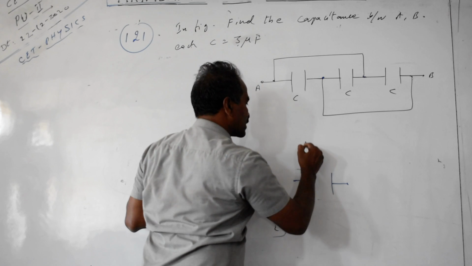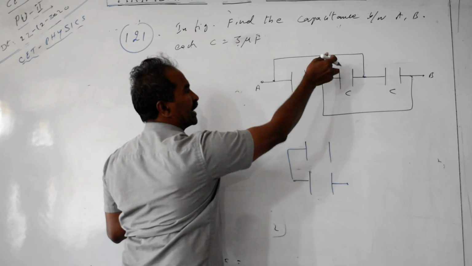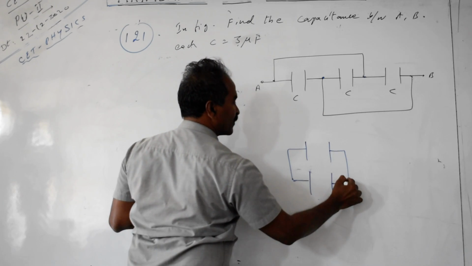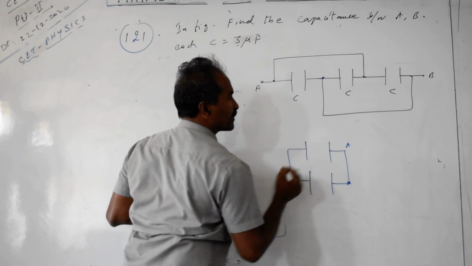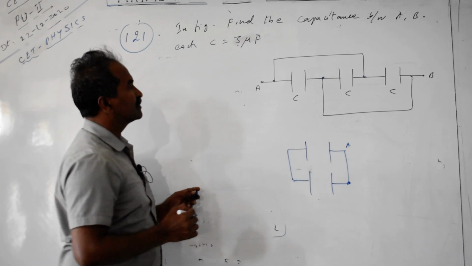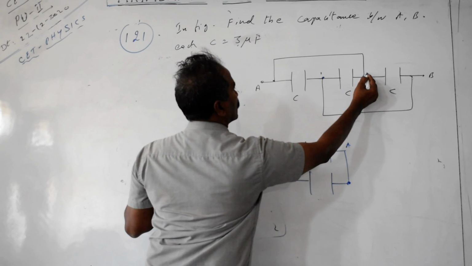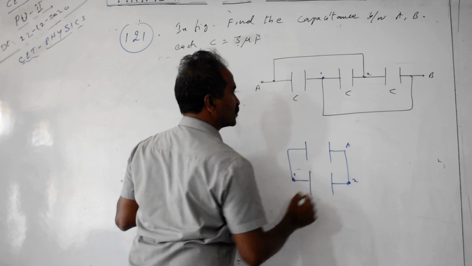So, you will get the capacitance like this rotated. This terminal remains as it is, but this A goes to the right side. This A is here now. This point is here, and this point is this one, 1, 2. So, left side is 1, right side is 2 remains.